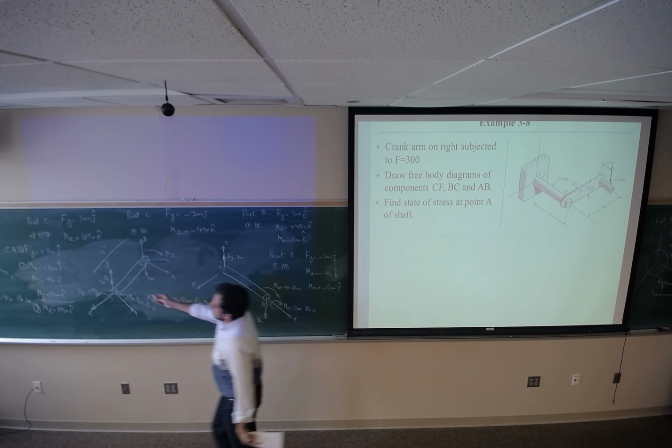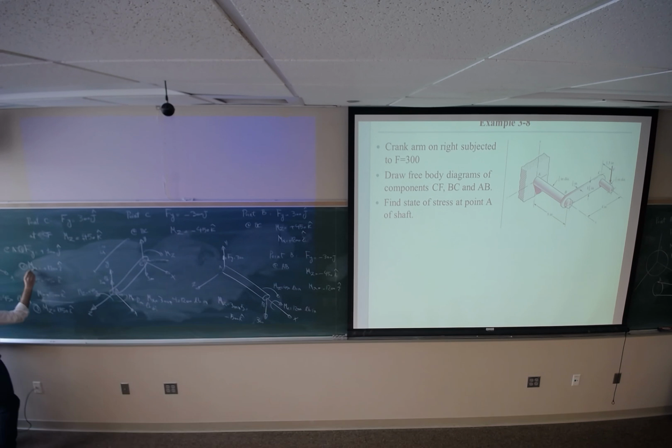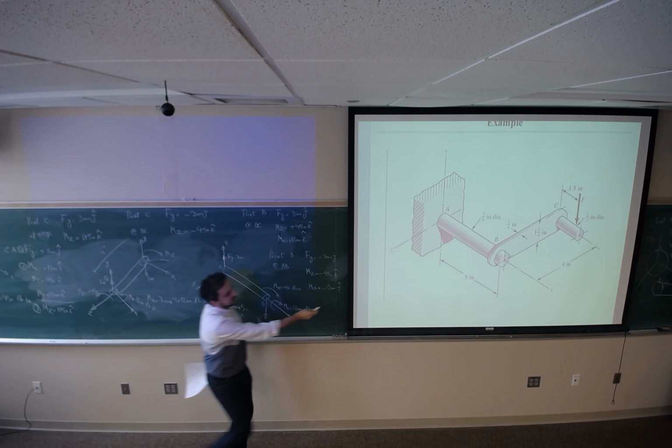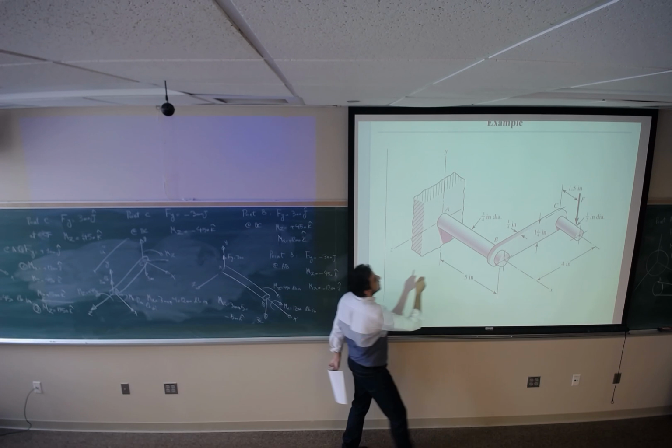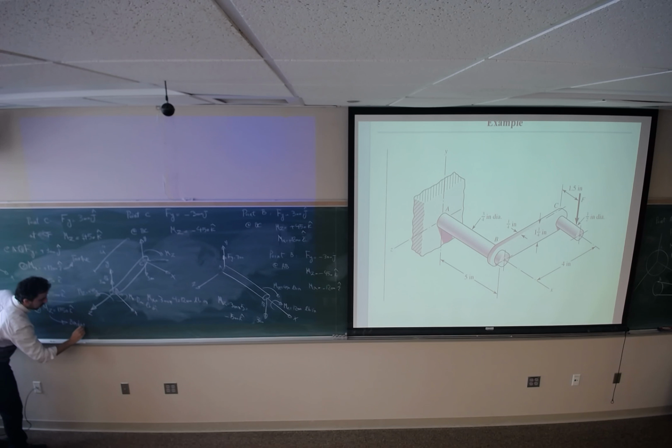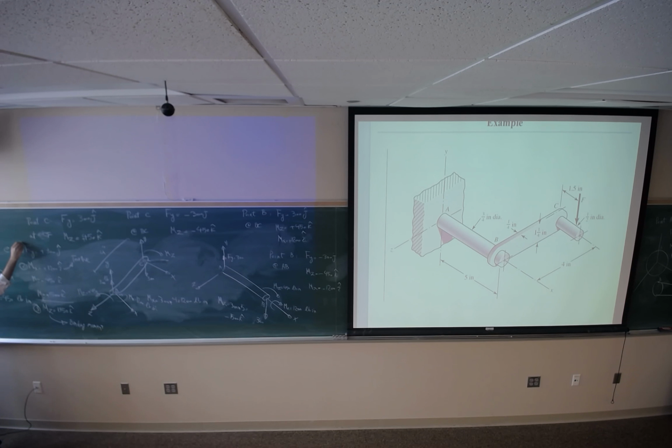So this moment is applied about the x-axis. The axis of this shaft is x. So it means this is a kind of torque. Z is not the axis of the shaft, so it's going to be the bending moment. And this is a shear force.